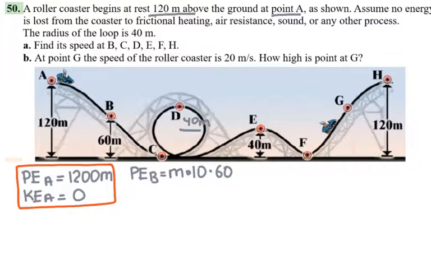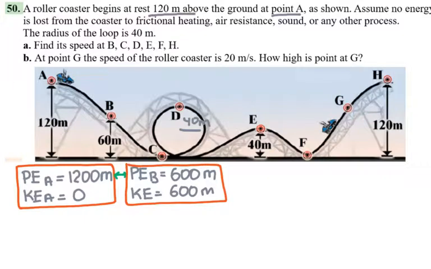So that is 600 M. If I compare my initial and final potential energy, I see that mechanical energy should be conserved, but I'm missing 600 M joules of energy. So I know my kinetic energy right here is also 600 M, because the total energy should be equal to 1200 M, where M is the mass.